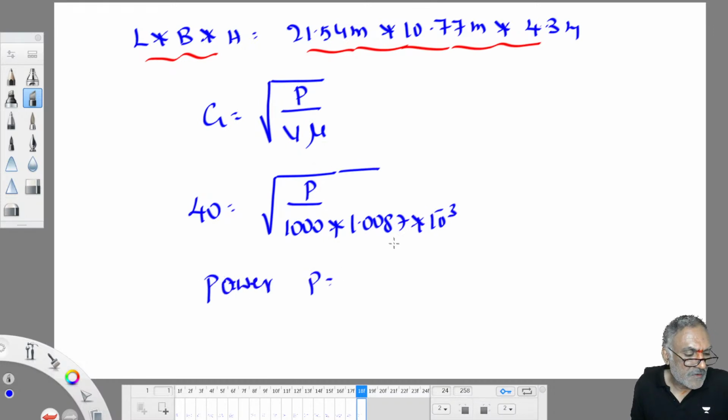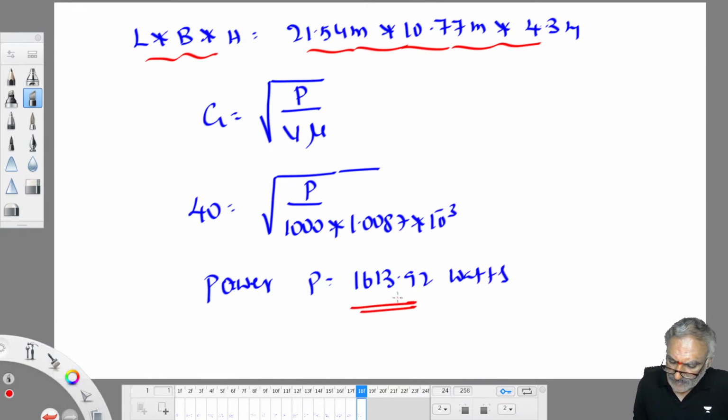Power requirement: how much power is required to run that? So 1613.92 watts. So this is how we can work out the questions related to the flocculator.